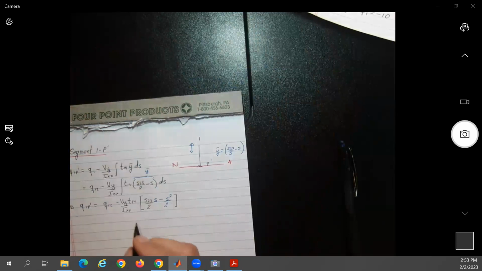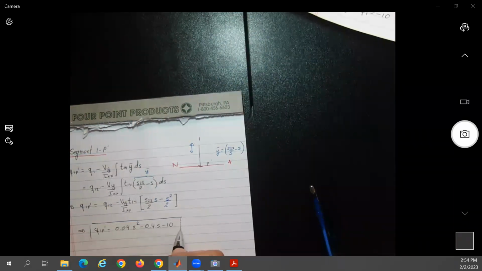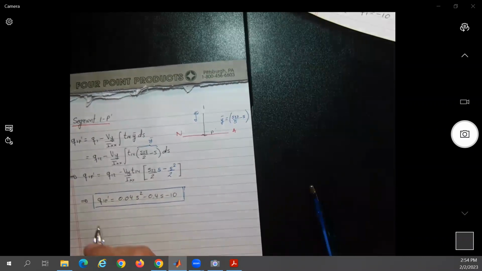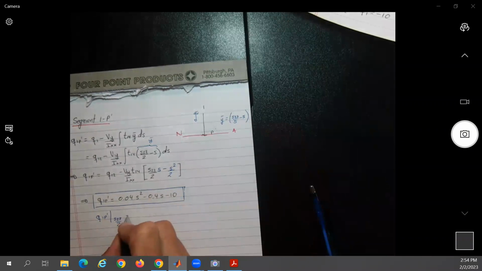So this is going to give Q1P prime equal to 0.04 S squared minus 0.4 S minus 10. And the value of Q1P prime at S23 divided by 2, at this point here, yields negative 11.